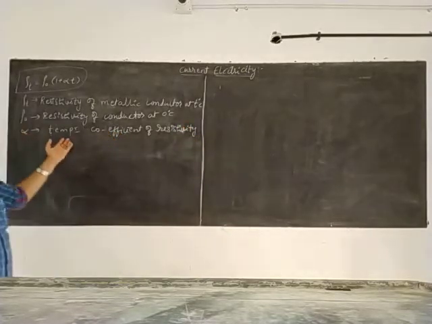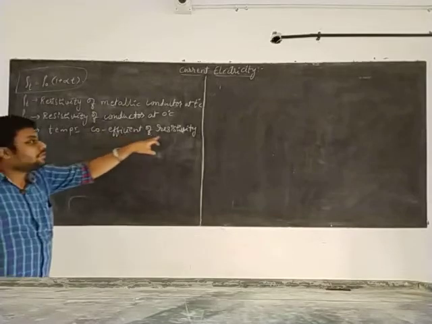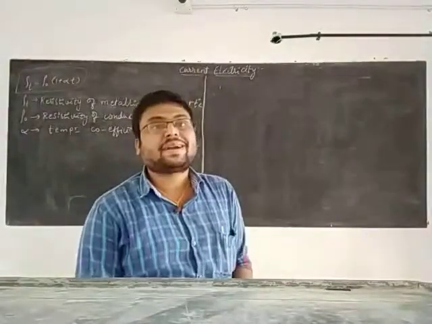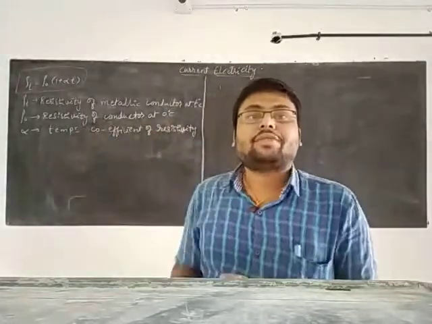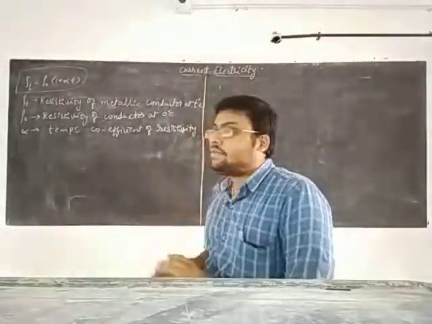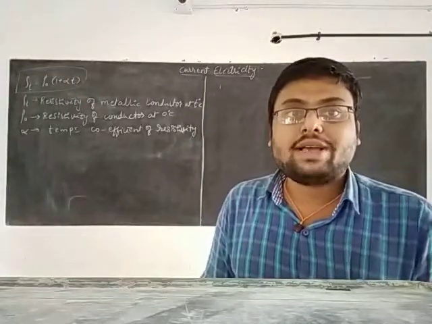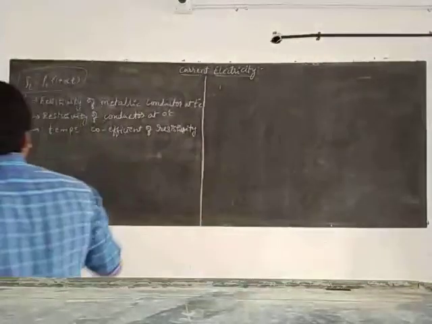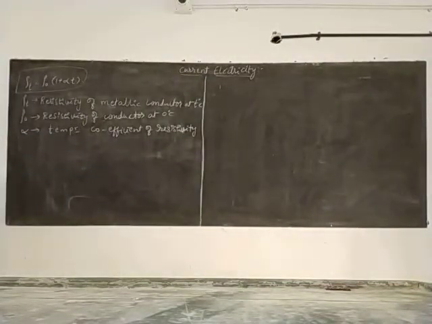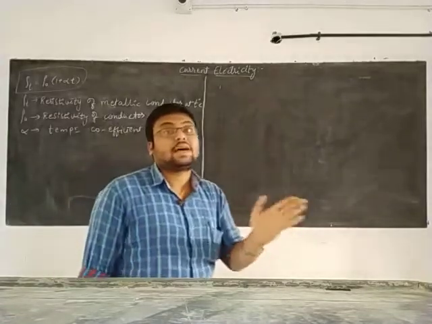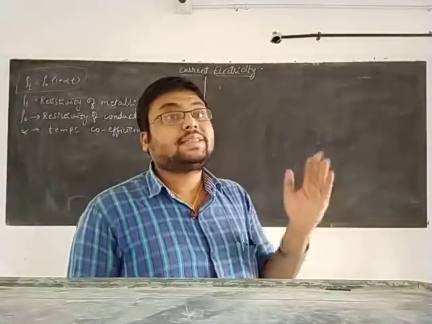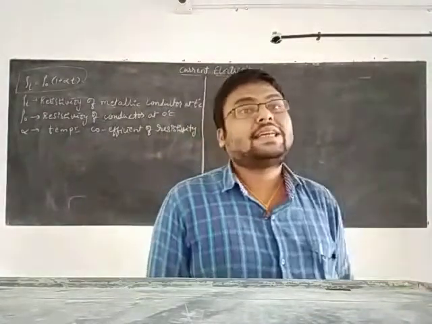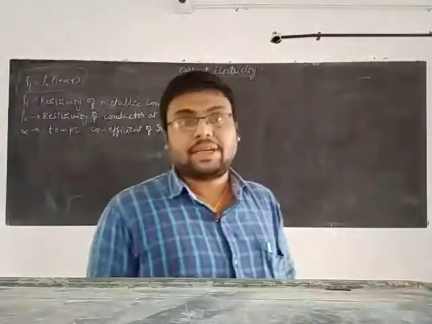The temperature coefficient of resistivity, the alpha value, is positive for metals and alloys, and it is negative for semiconductors. As you can see, the resistivity of a metallic conductor increases with temperature, but the resistivity of a semiconductor decreases with an increase in temperature.